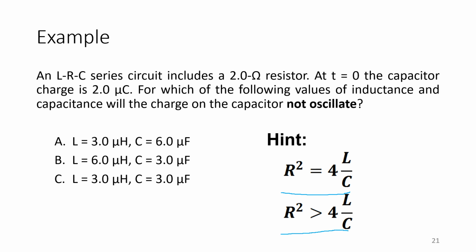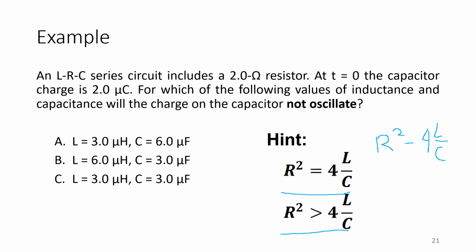All you need to do then is to check which of these choices arrive at these relationships for R, L, and C. An easy way to go about this is to subtract R squared with 4L over C, and see whether this expression will be equal to 0, or will it be greater than 0? Because if it's equal to 0, it's going to be critically damped.